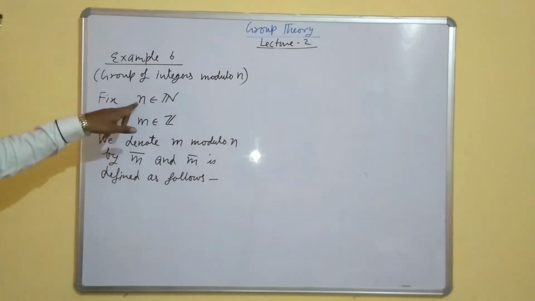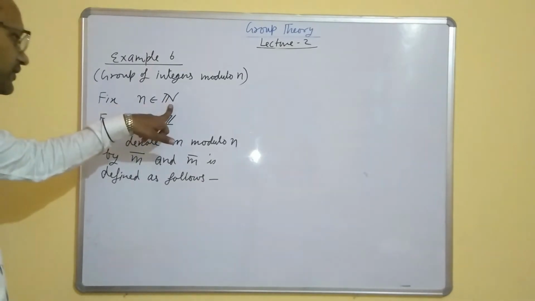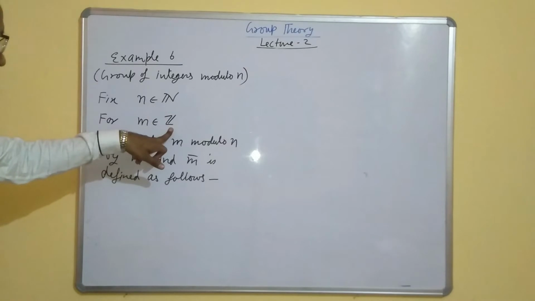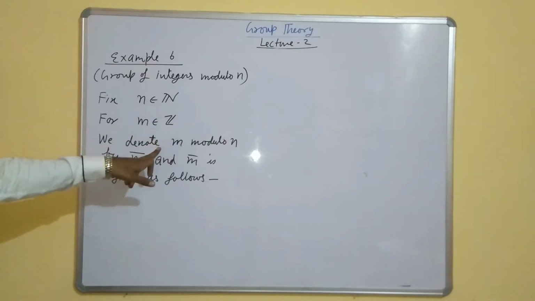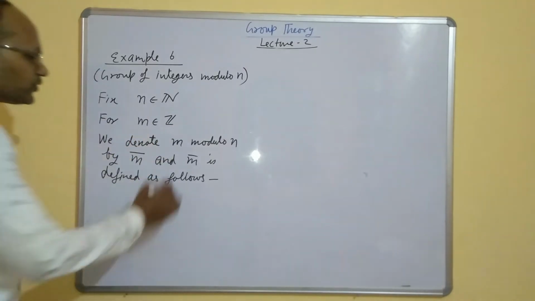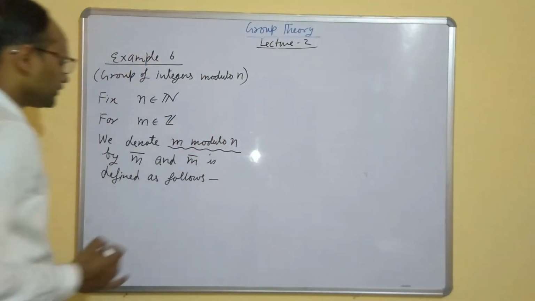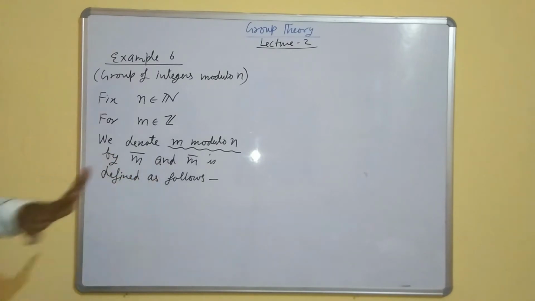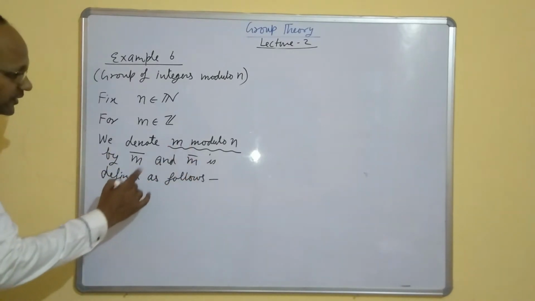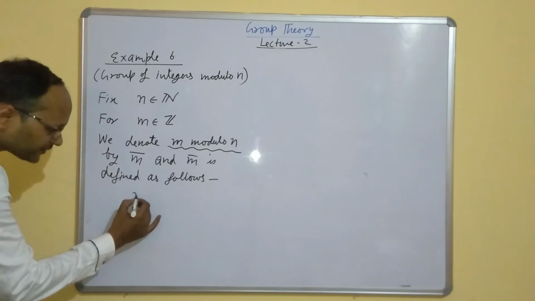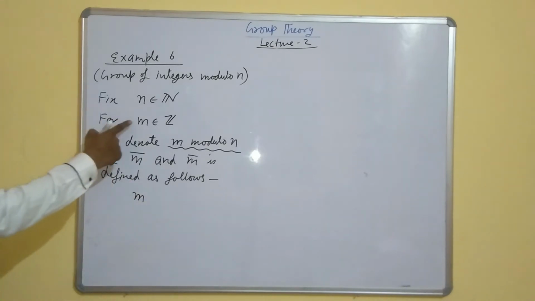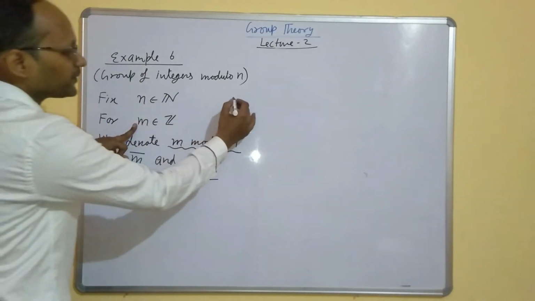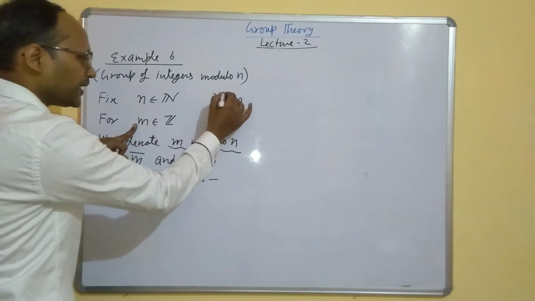So what we do? We fix an integer n in N. I choose any integer m in Z, and now I am going to define what is m modulo n. It is usually denoted as m bar, and the definition of m bar is as follows. Because m is any integer, we can divide m by n.